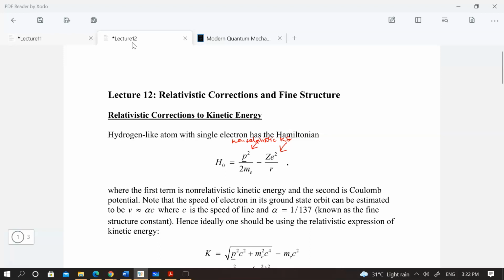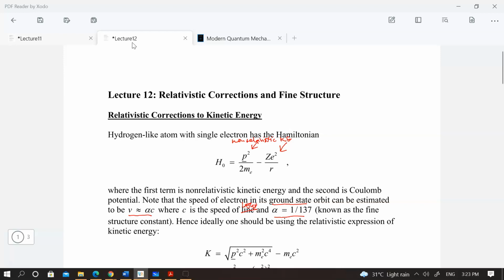And if you look at the speed of the electron in the ground state, you can make an estimate that your speed of the electron is about alpha times c, c is the speed of light. And alpha is essentially a constant that we will learn later on called the fine structure constant, which is 1 over 137. So in other words, this is already quite close to the speed of light.